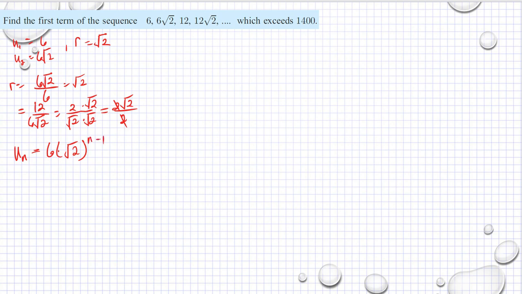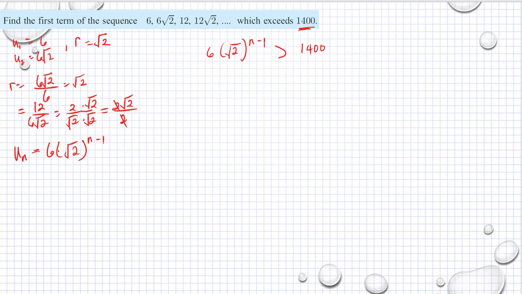Sorry for that, someone came. Okay, then this is supposed to be our formula for finding n when it exceeds 1400. So we have 6 times square root of 2 raised to n minus 1 is greater than 1400, it should exceed.